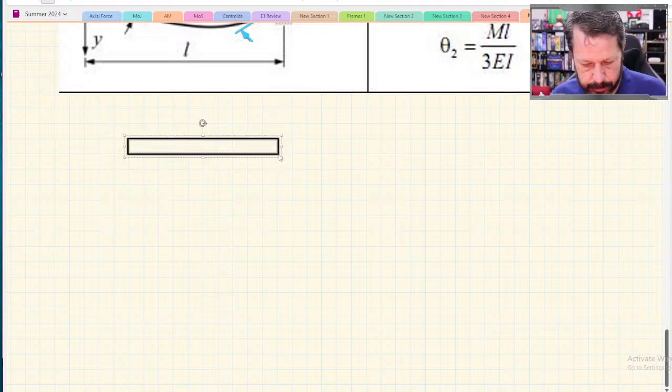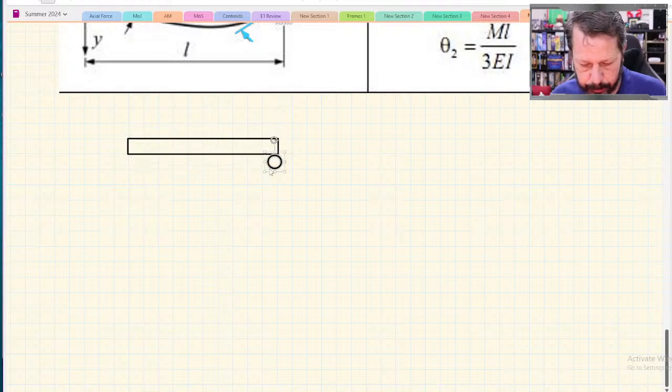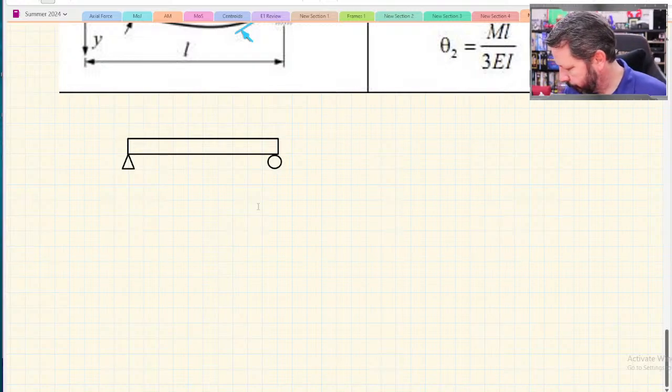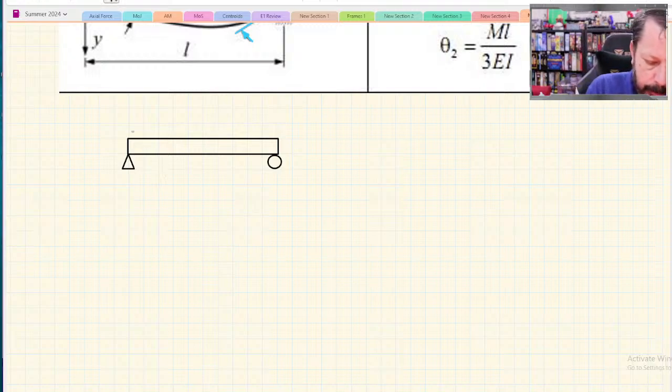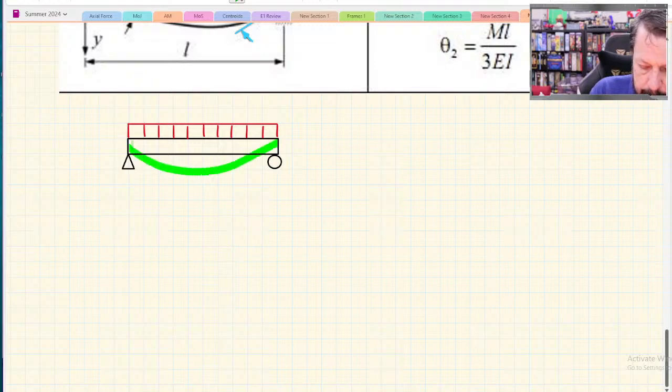So here is our little beam. Okay, and I've lost my pen. Oh, put it in its holder. We put a distributed load on this. And we said that, hey, that distributed load is going to make the beam do that.